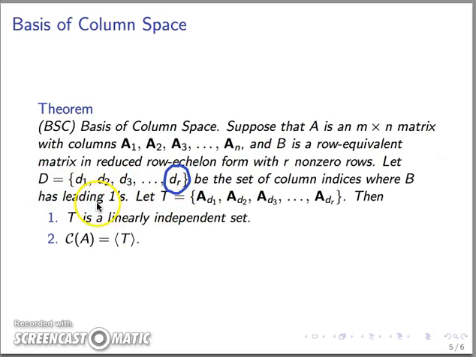Those are indices denoting the columns in which you may locate leading ones. Now the subset that we want to build out of the general set of columns is the subset that contains the columns with indices in this set D. In other words, select the columns that have leading ones, and that new subset will be both linearly independent and have the spanning property.